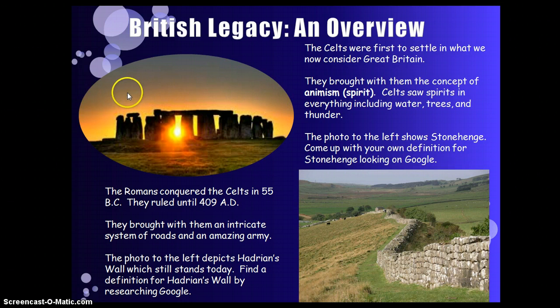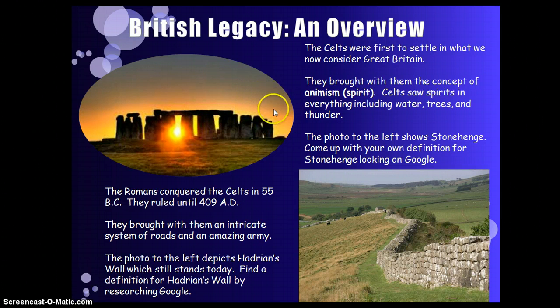First one is a photo of Stonehenge, and we'll talk a little bit more about this in class, but I want you to look up what exactly you think Stonehenge might have been used for. When you do, you're going to look on Google and just research that way. That's the easiest.